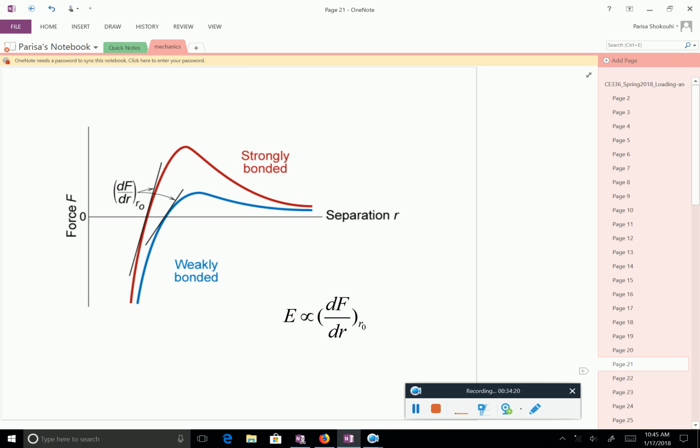If you measure how the force between two atoms inside a material changes with the separation between the two atoms, if you try to move the two atoms and measure how much force there is between them, the slope here at equilibrium gives you an indication of stiffness. It turns out that the stiffness that we measure for different materials has a lot to do with their interatomic bonding.